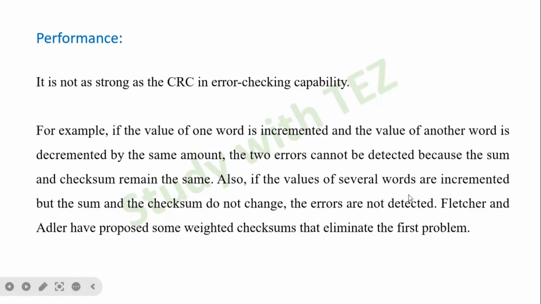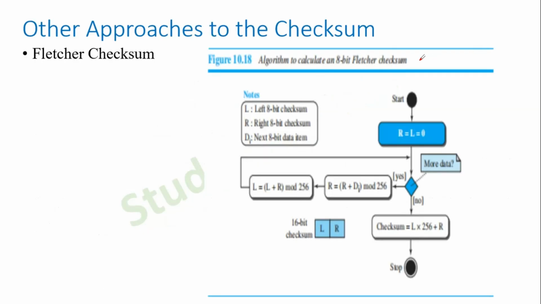To overcome this, two variations were introduced, Fletcher and Adler. How it works: if you can see here, initially the left and the right are taken as 0, but here the addition is done in a different way, so that if a word changes, we'll get to know which word was actually changed.